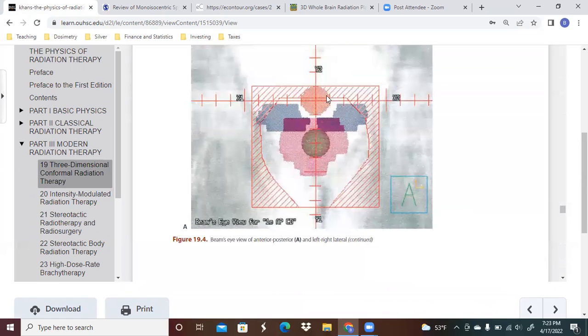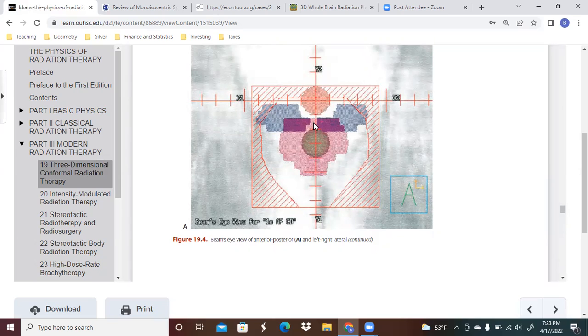If you had MLCs and you saw that maybe you had a hotspot out here, you might take a little bit of the weight of this entire beam and create a segment, or what's called a step and shoot, which has some MLCs covering a particular area. That is called creating segments, or creating a field in field.